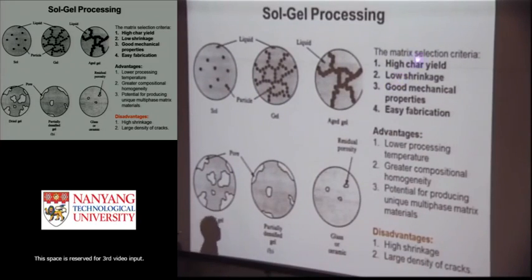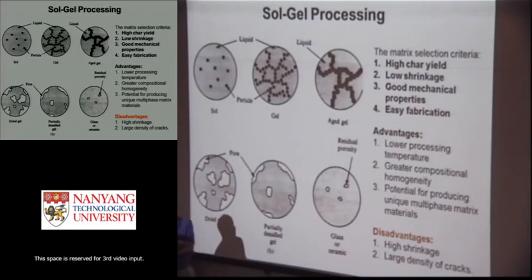Okay, so this yield should be very, very high. Another thing is low shrinkage. That means during processing, for example, if you remove this solvent, the shrinkage should be very small. And also the material should have good mechanical properties. Of course, it should be easy for application.